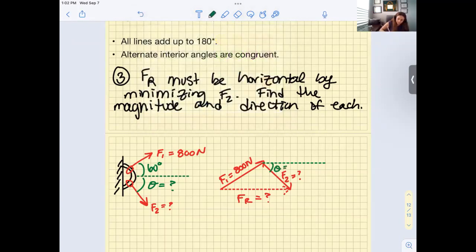We don't know this reference angle, but we do know this reference angle.